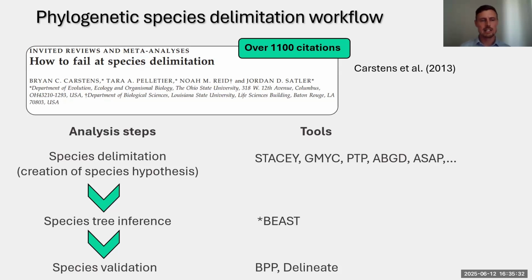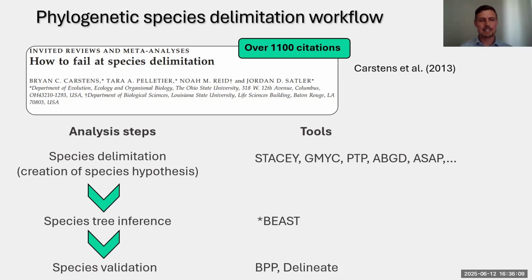So the analysis is divided into 3 steps. Often the first step is called species delimitation, which in my opinion is unfortunate because the whole analysis is of course species delimitation. So there should be some other way to describe this first step, and I like to use this phrase, creation of species hypothesis, but it's not usually used in other studies other than mine or ours.